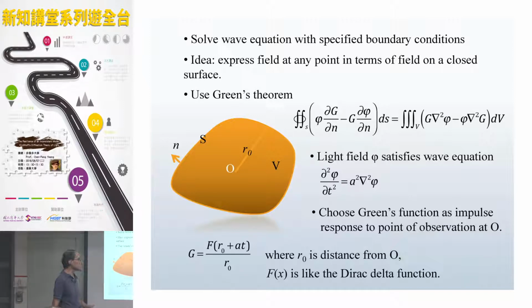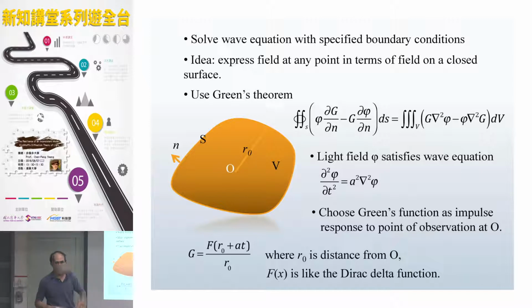Basically, you want to solve the wave equation with specified boundary conditions, and the idea is to express the field at any point in space in terms of the field contribution from a closed surface, which can be interior or exterior to that point of observation.